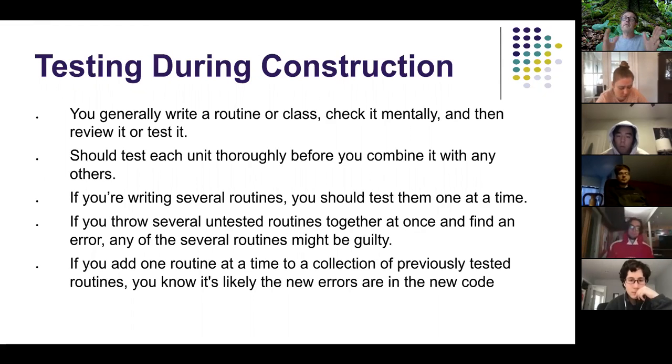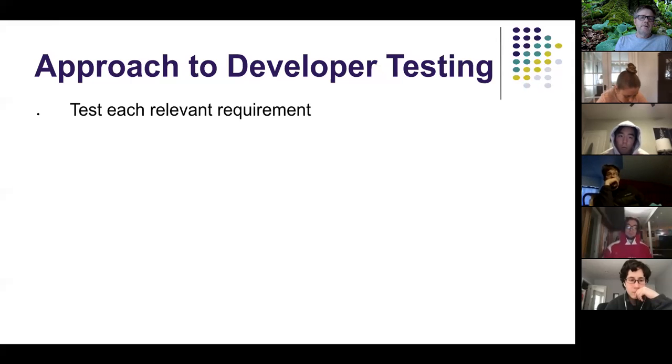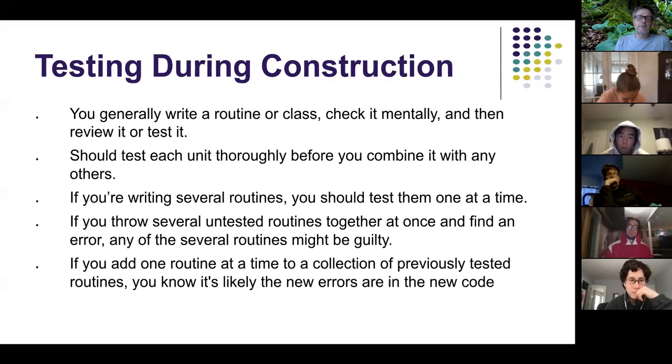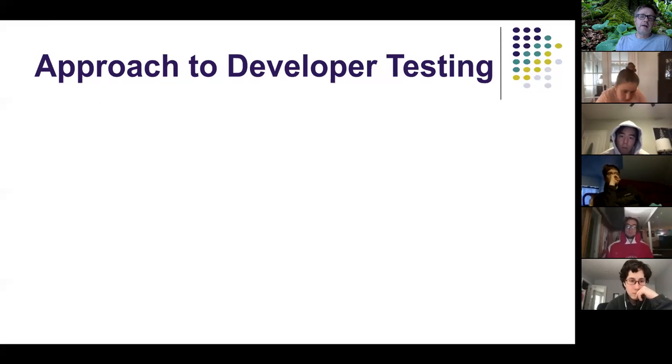But if you test each one and then add them in one at a time, it's going to be a lot easier to find the bugs. And of course, if you do regression testing, you might find hidden bugs that are caused by other code that you added in.